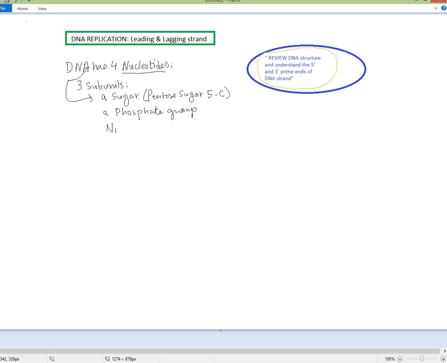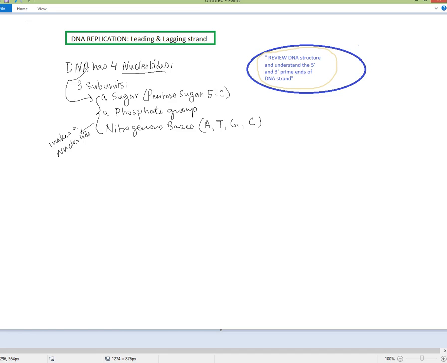So it's A, T, G, or C. So these 3 make a nucleotide. And why is it 4? Because we have 4 bases.